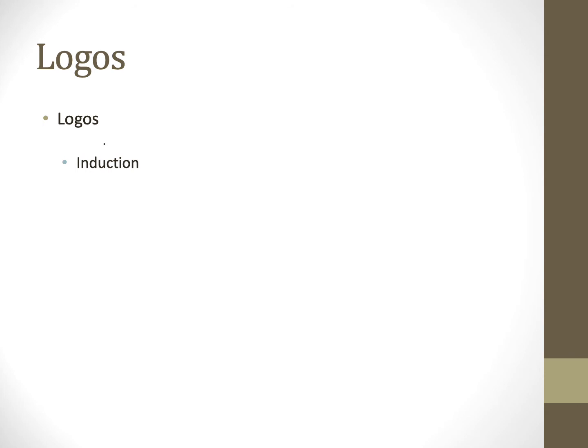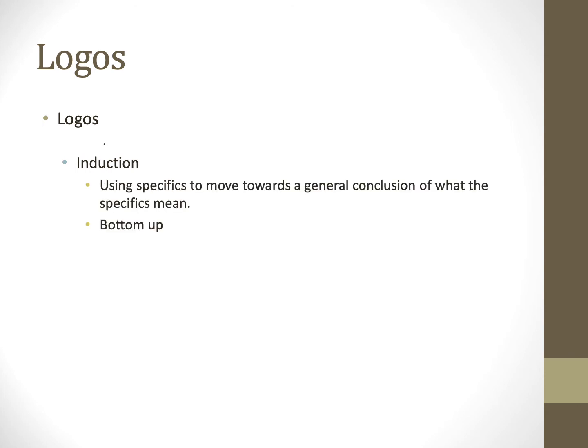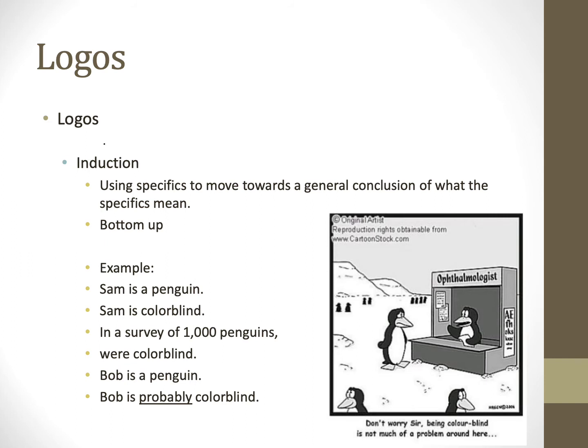Induction is now starting from the specifics, specific observations, and then trying to get to a general claim. So you have something like Sam is a penguin. Sam happens to be colorblind. You might survey 1,000 penguins and find out what percentage are colorblind themselves. Once you know that percentage, it's not going to be 100% probably.